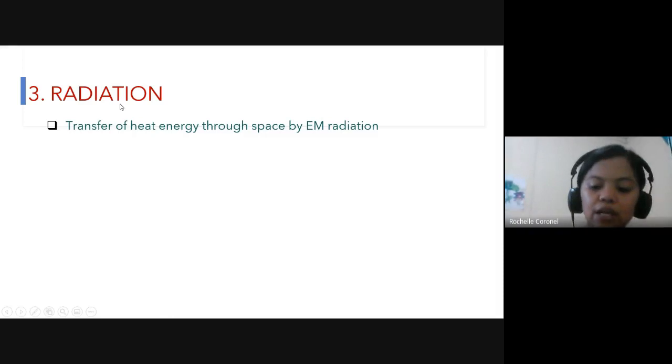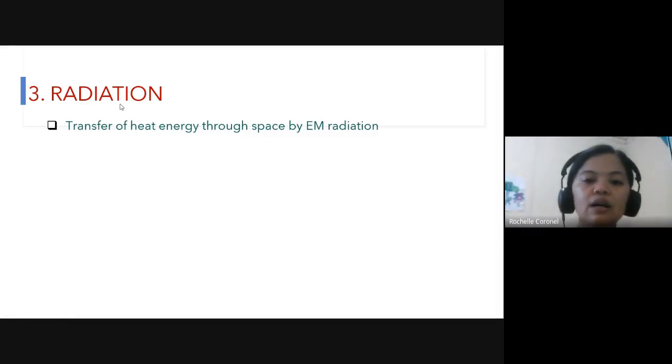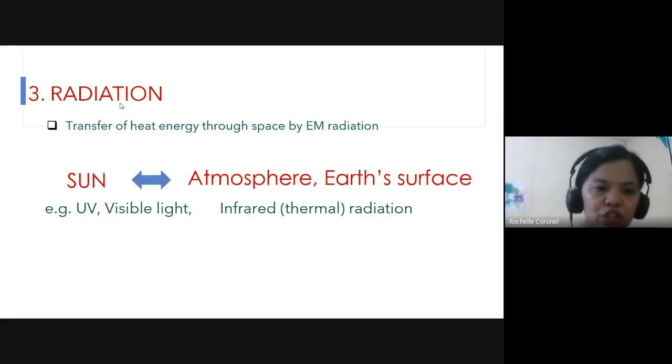So the fourth heat transfer mechanism that we will discuss is radiation. Again, radiation is the transfer of heat energy through space by electromagnetic radiation. Basically, we will just focus on the heat transfer between the sun, the atmosphere, and the Earth's surface. The radiation coming from the sun that can usually make it through our atmosphere is UV and visible light.